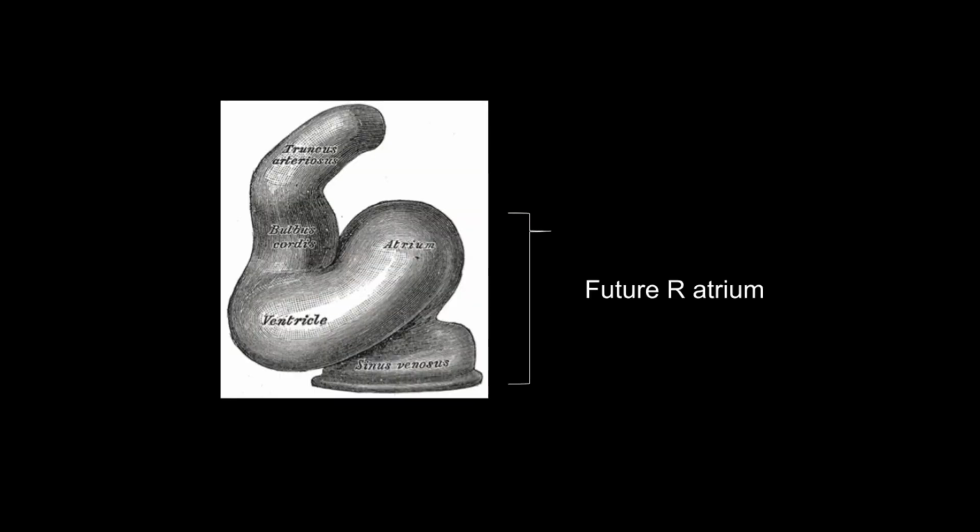So this is the sinus venosus, and you're looking at it inverted. Since it's a vein actually, that sinus venosus and the future right atrium will fuse to form the right atrium that we see anatomically in the cadaver.